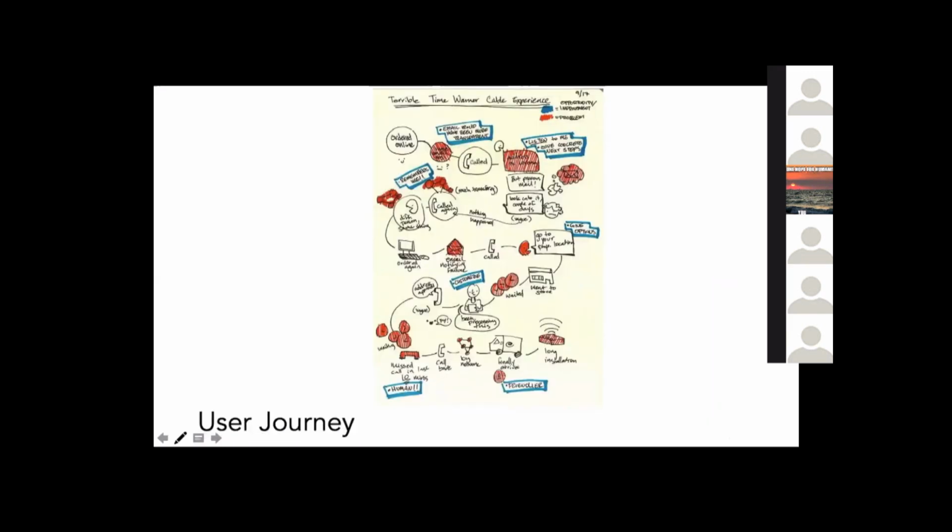I mentioned this already. So this is called a user journey, right? So it's basically a visualization. Okay, so I order something online in this example, then I call and so on. So what is the journey that your user has to take through, solving the problem or not solving it, right? So this could be in terms of COVID-19. What is the user journey for being tested, for example?